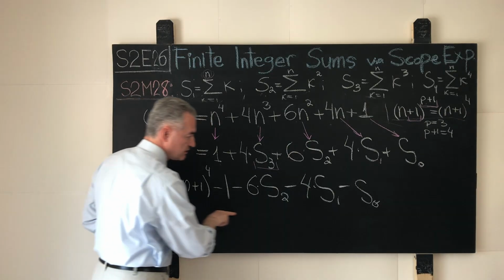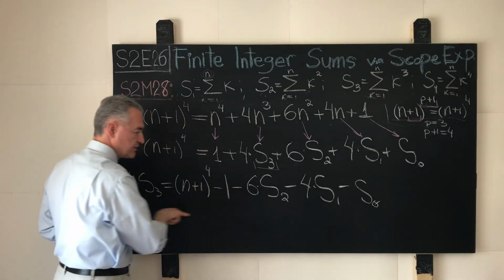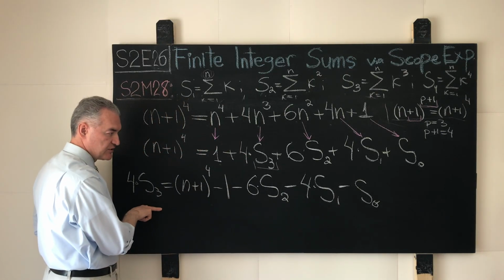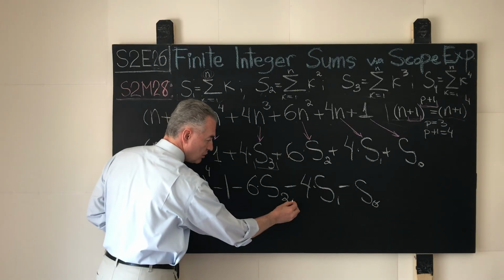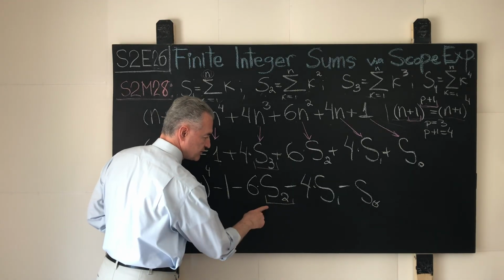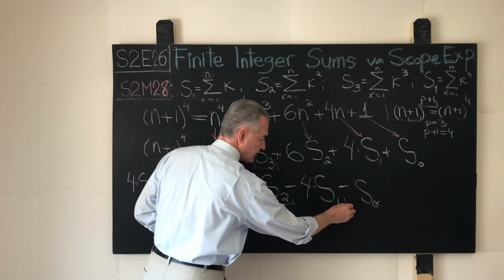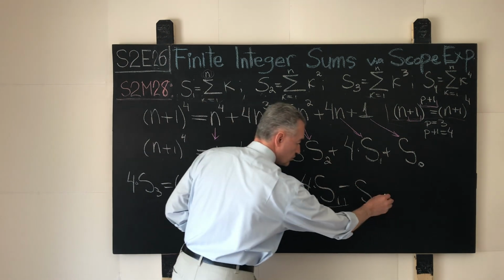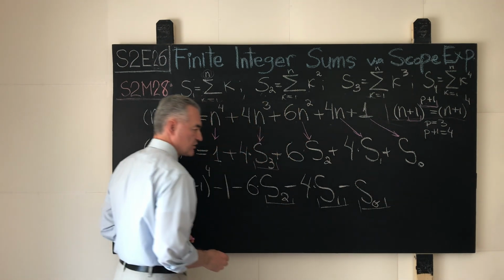And this is exactly what we can do once we have this expression over here. We know what is the sum S2 as a function of n, we know what S1 as a function of n, and we know what is the sum S0 as a function of n.